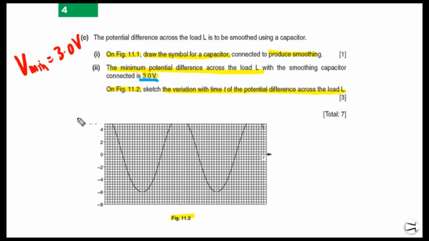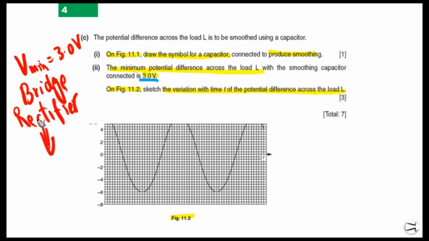The second thing we need to understand is that it is a bridge rectifier circuit, so the output is full wave rectification, meaning we will only get positive values of current. Full wave rectification, so this is a very important point.